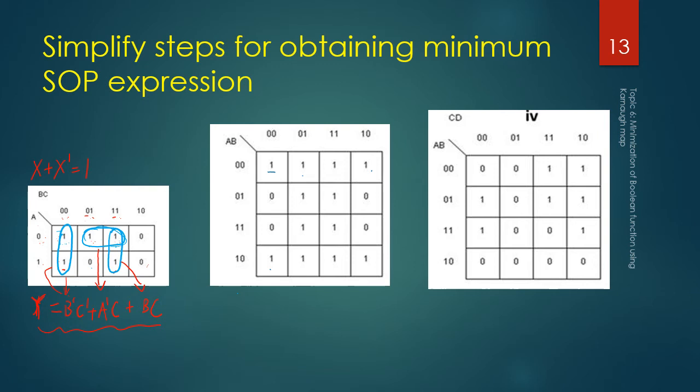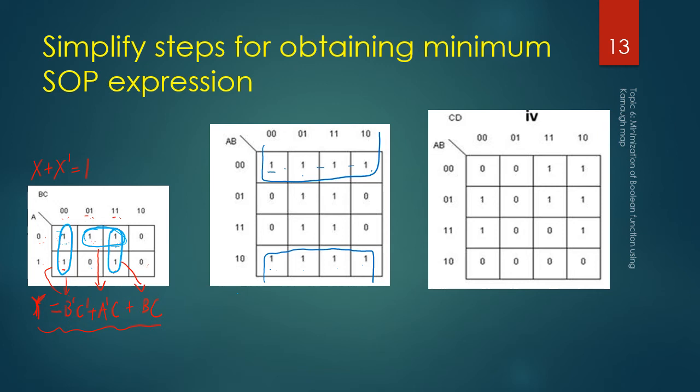In this case, these squares are neighbors of each other, and don't forget the wraparound neighbors. So I can group the 8 together, making a group of 8 instead of 4 or 2.